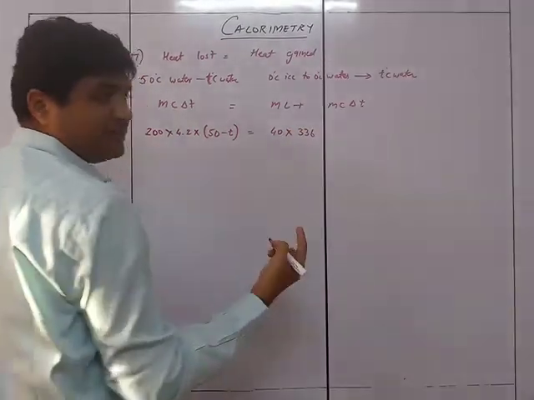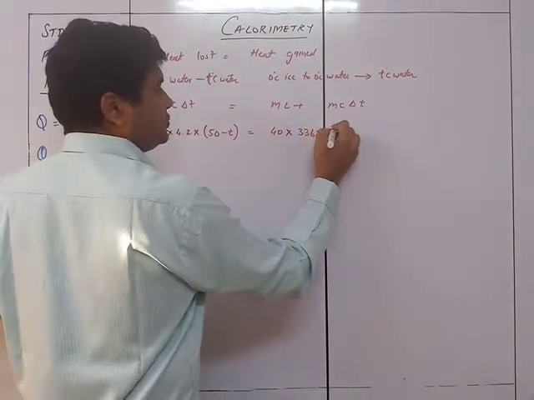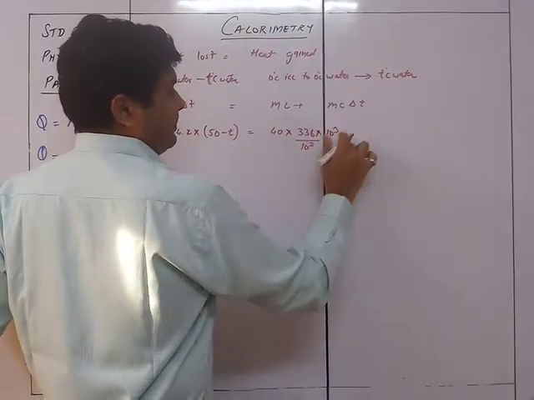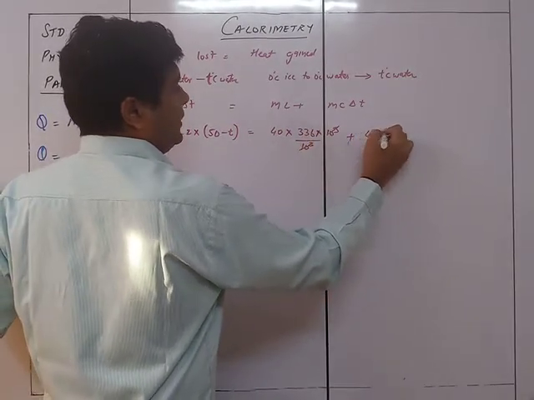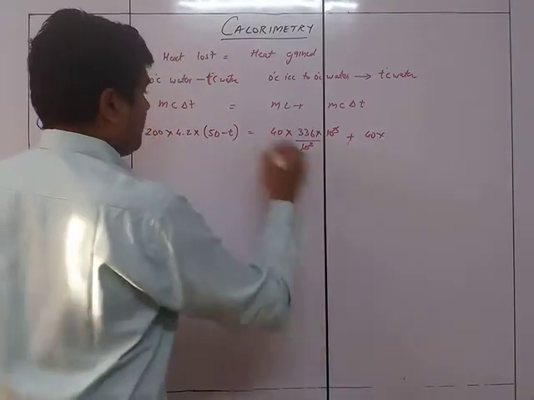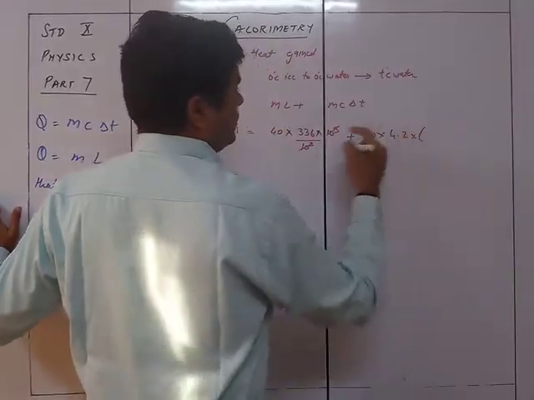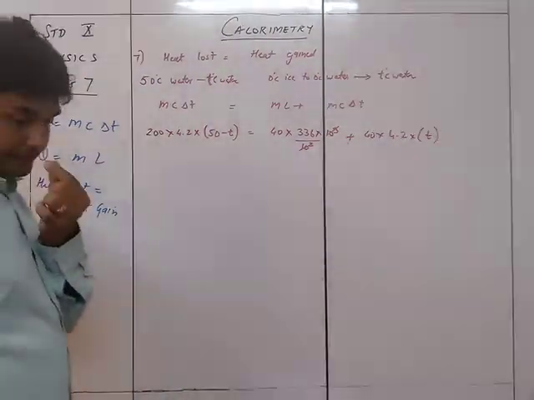Now it is given as 336 10⁻³ but हम लोग ग्राम में लेंगे तो उसको डिवाइड बाय 1000 कर लेंगे, so it is 10⁻³ upon 10⁻³, so this gets cancelled, plus m is 40 into C is 4.2 again, and the temperature difference will be equal to T degrees Celsius.